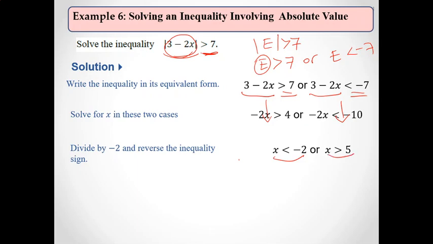And then you can write them in interval notation. So don't forget, when you divide by minus 2, it changes the direction. Be careful. You reverse the direction when dividing by a negative value.